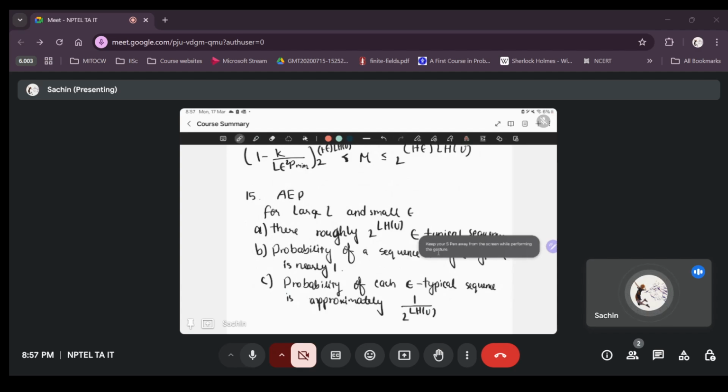That is, the epsilon-typical sequences are almost uniformly distributed. That is, the typical set has uniform distribution.